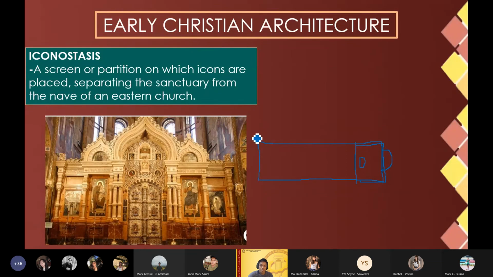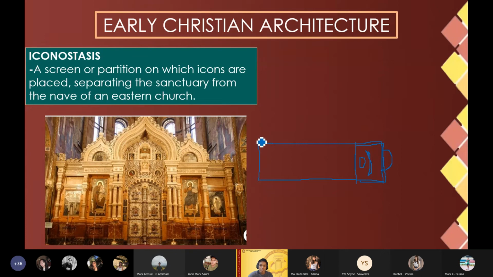This iconostasis is provided there as a wall, but it's not up to the ceiling. This wall is well designed, well ornamented. Daghan kayong mga ornaments, in very intricate ornaments.